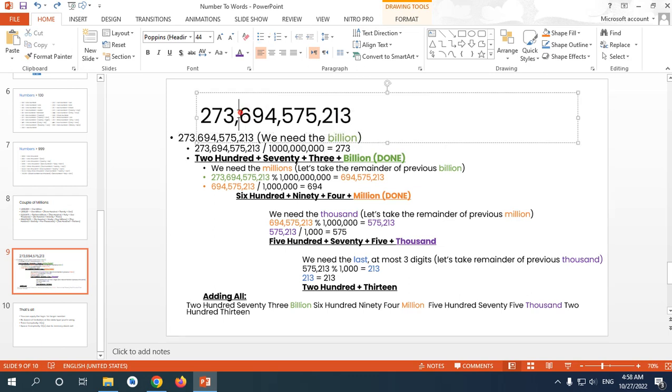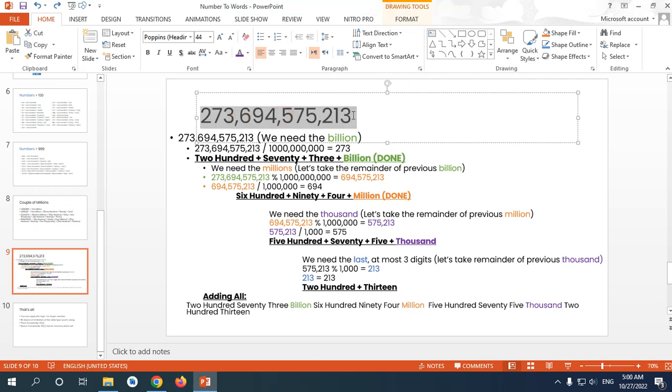So now we have finished the left side. Now we go to the next 3 digits, which is 694. 694 has 6 digits next to it, so basically it's a million. We can make sure by dividing it by 1 million to obtain the 694 digits. And how can we convert 694?